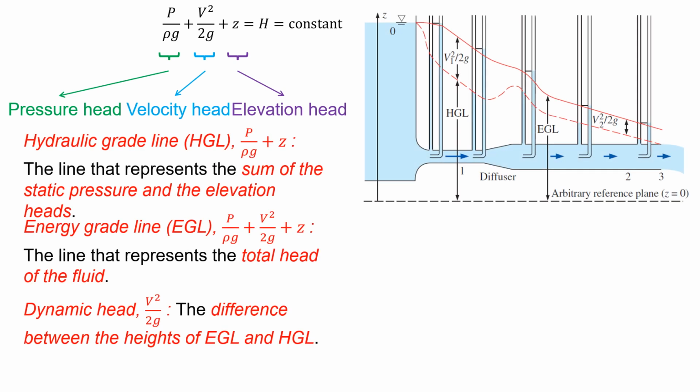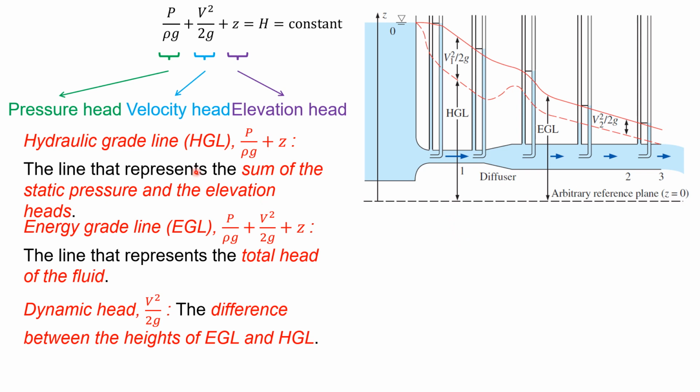So again, the same formula. So how can we use this formula to calculate the HGL and EGL? HGL is, you have a reference plane, which is Z equals 0.